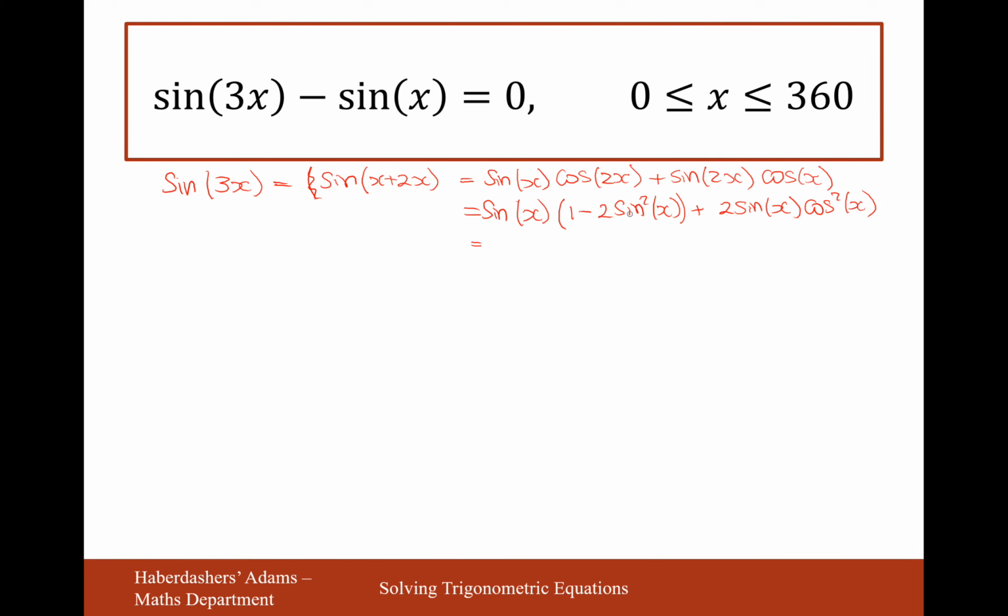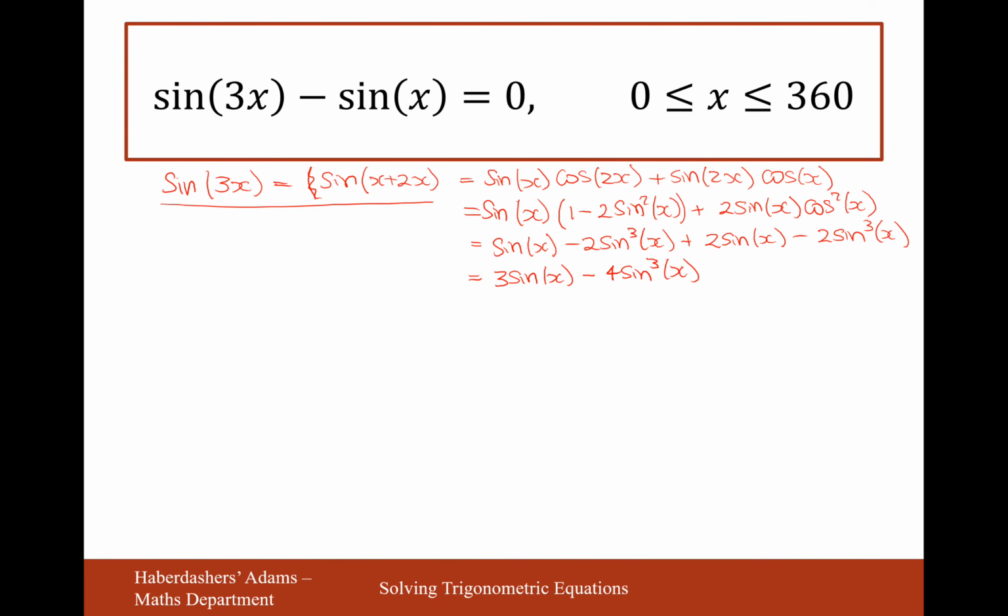The next thing we'd do is expand the bracket, so it would be sine x minus 2 sine cubed x, and then plus 2, and this would be 1 minus sine squared, so it would be sine x minus 2 sine cubed x. So I've turned this cos squared into 1 minus sine squared and got that out of the expansion. To simplify it, it would then be 3 sine x minus 4 sine cubed x.